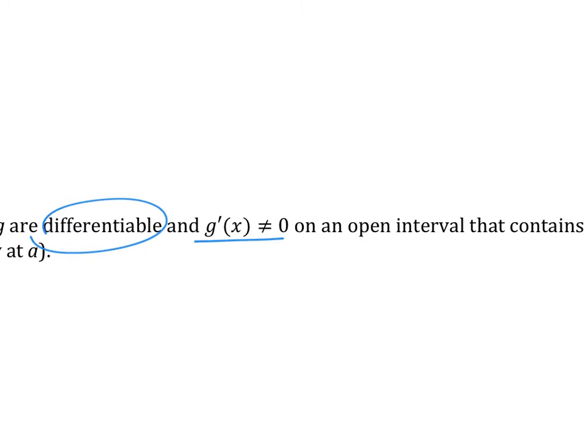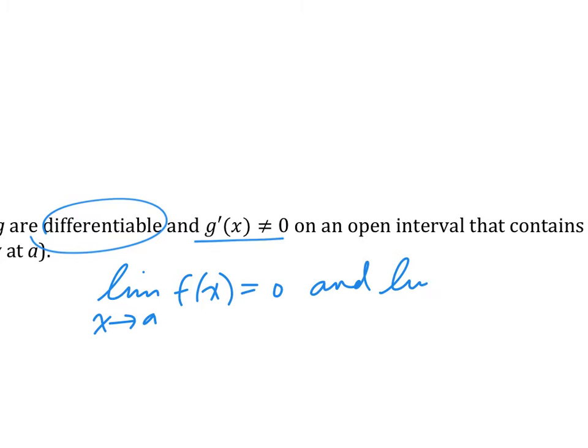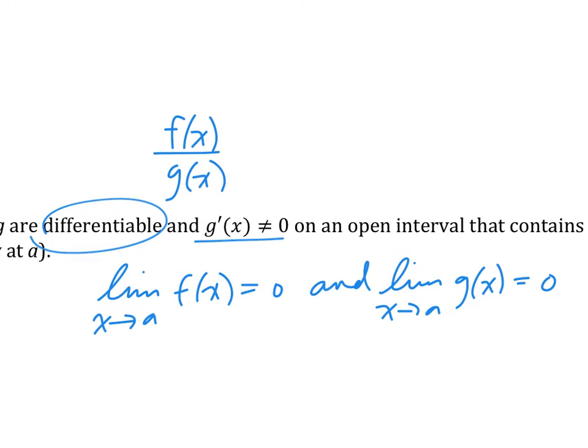Okay, and then limit as x goes to a of f of x is equal to 0, and limit as x goes to a of g of x is equal to 0. We're talking about a function that looks like this, f of x over g of x. So if you have a function where it's f of x over g of x, both of them, if you think of them as separate functions, the numerator is a function, the denominator is a function, we're saying that both functions are continuous and differentiable.